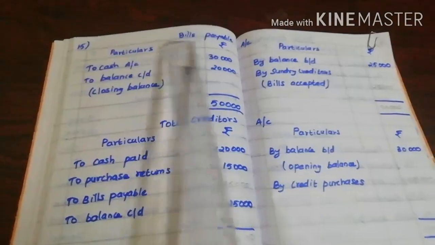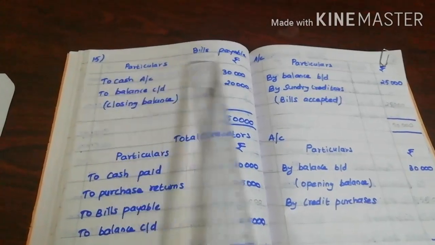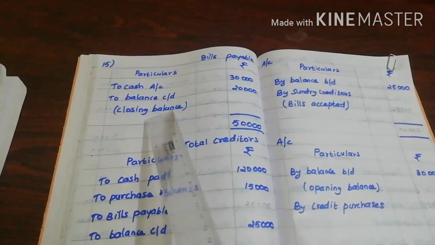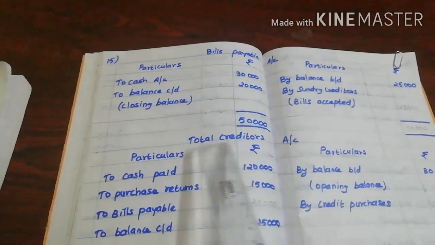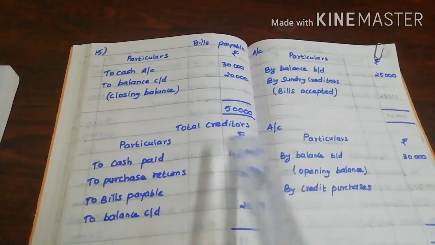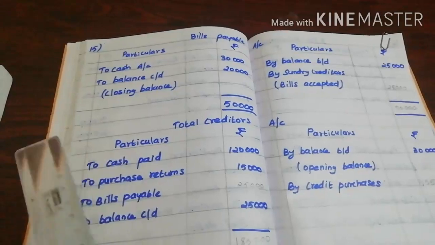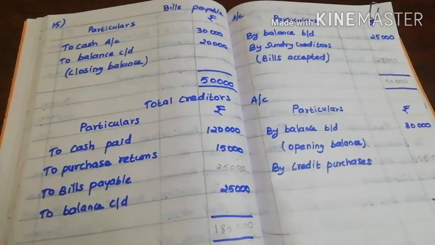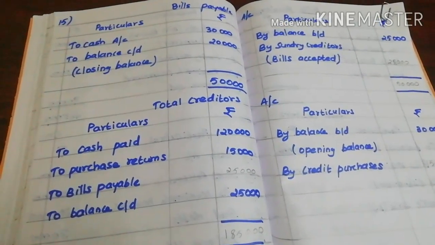So first you write the heading bills payable account, particulars rupees, particulars rupees. Then you write the format of the bills payable account. Then total creditors account, you write the format. In both the formats, so many transactions are given, but according to the sum, you have to write the transactions given in the sum.